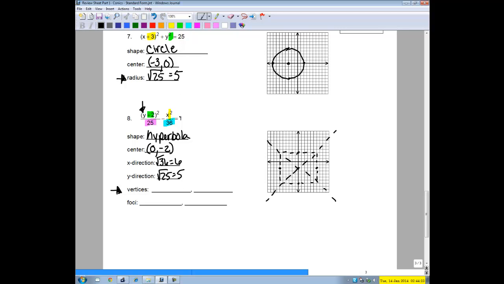Since there is a y first, it's my vertical ones. So my vertices is actually this one and this one. So it's at 0, 3 and at 0, -7. And you could actually go ahead and draw them if you want to.